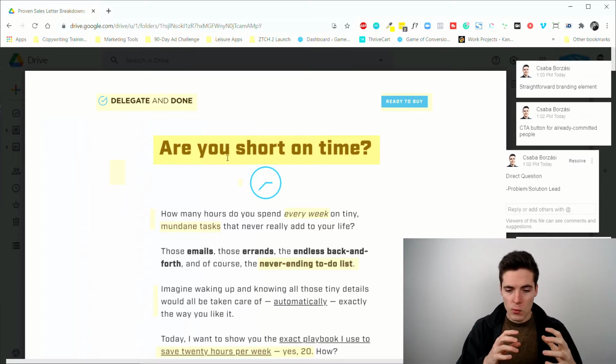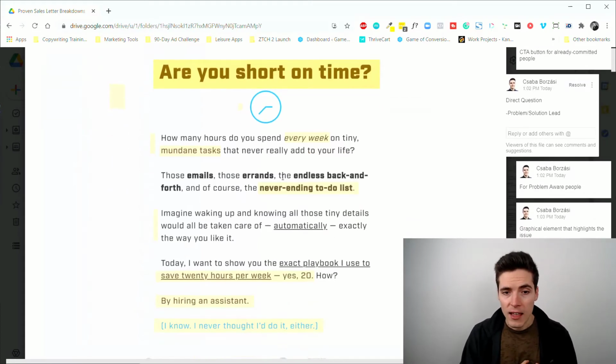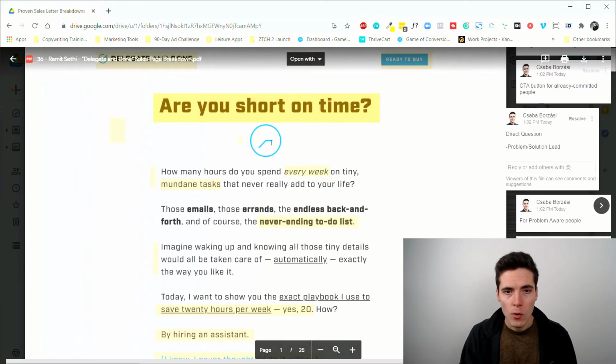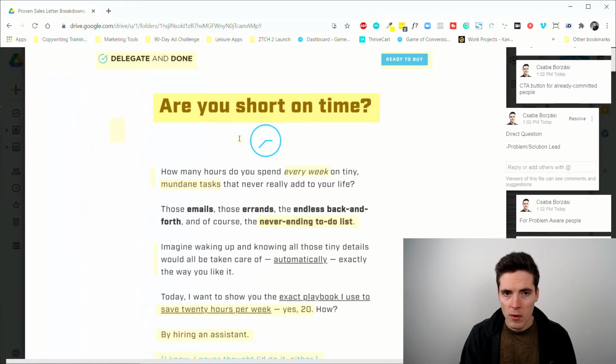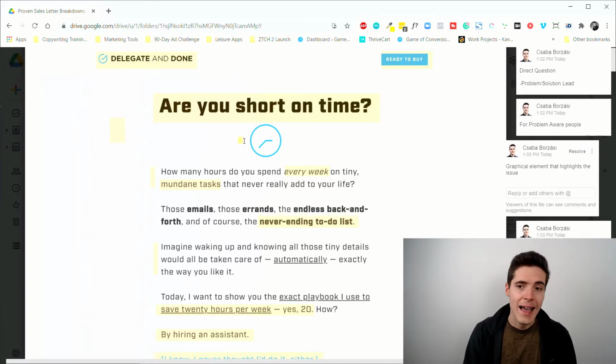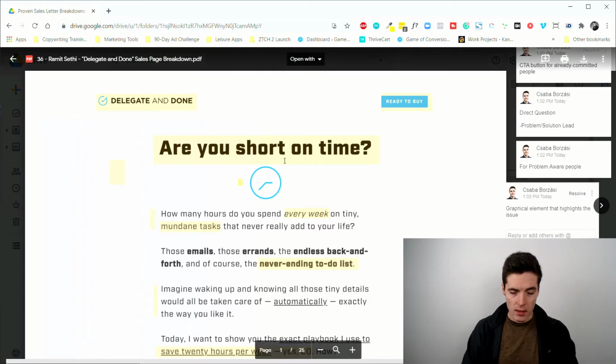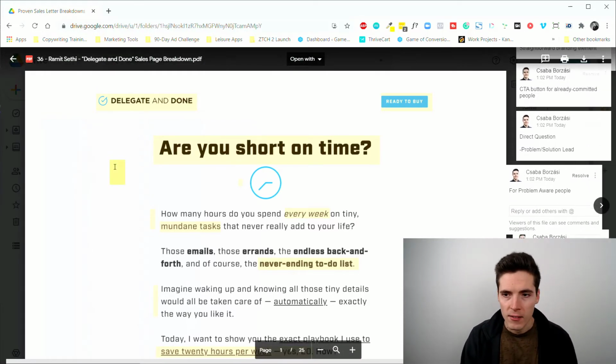You mention a problem and then you hint at a solution, and that's exactly what's happening here. Okay, so we have a nice little graphical element here as well that basically highlights the issue and the time factor.